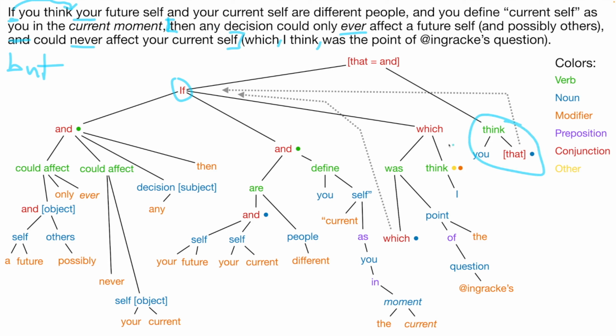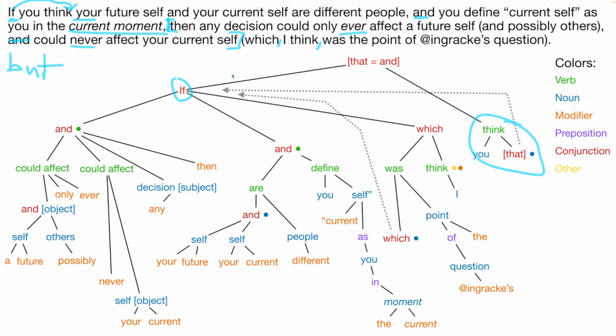So I actually got this a little bit wrong, which is again a sign that writing sentences this convoluted is a bad idea. So what we have here is that if future self and current self are different, and define current self as you in the current moment, then. Okay, so I think conceptually the way I read it and treat it makes reasonable sense.